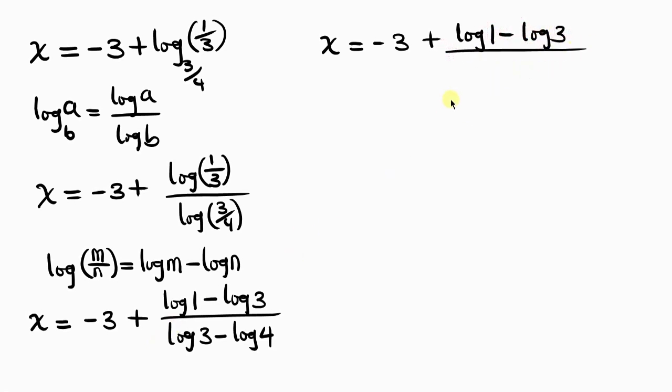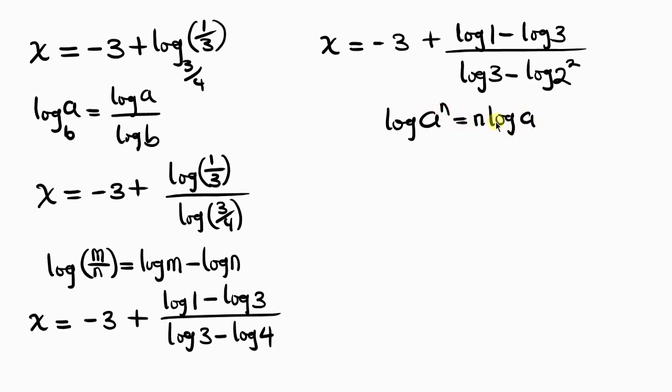Now we have x equal to -3 plus log 1 minus log 3 all over, now the denominator, we have log 3 minus log 4, where 4 is the same as 2 squared. Well, I'm going to be moving this 2 to this place according to the law of logarithm, which says when I have log a to the n, this is equal to n log a.